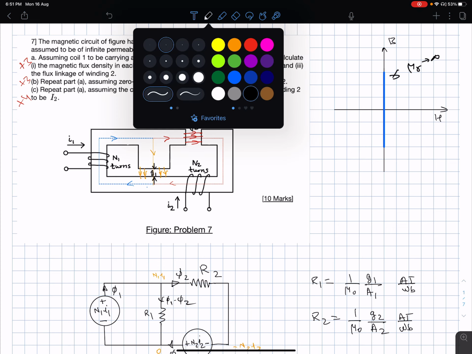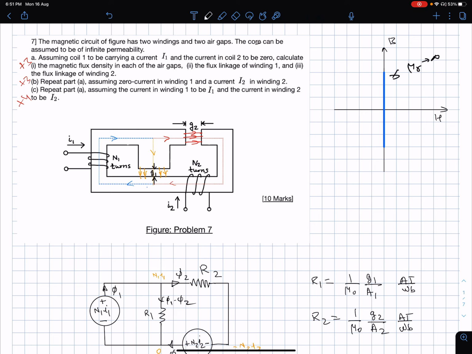So what it means is that to set up any B or flux density or flux in the core, the ampere turns that you require are 0.